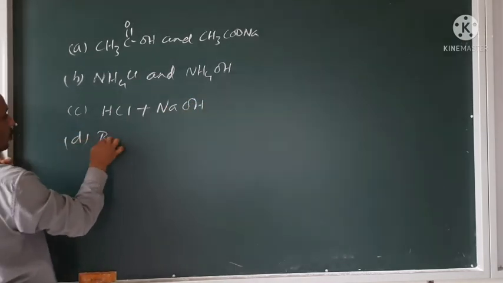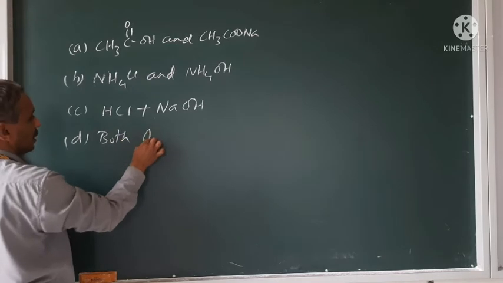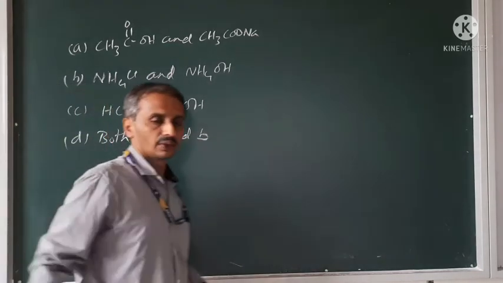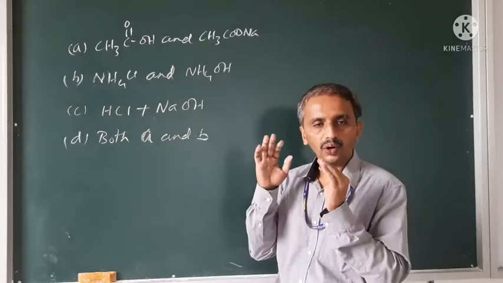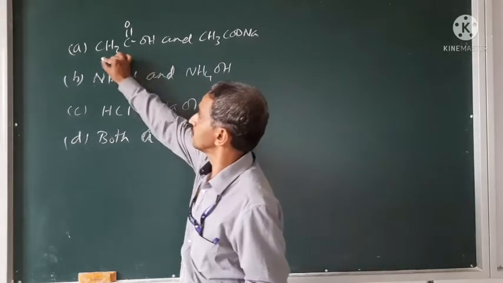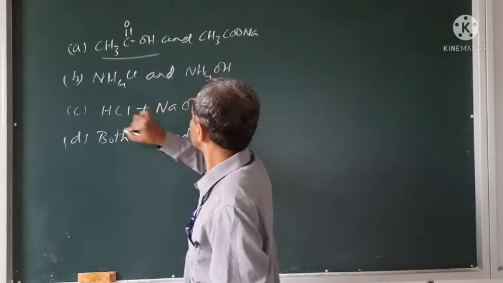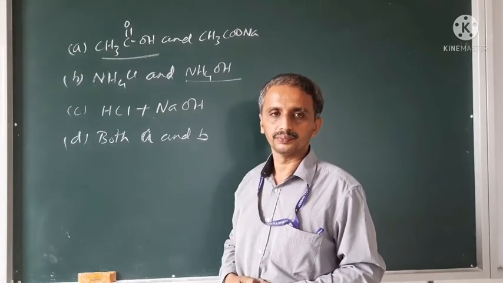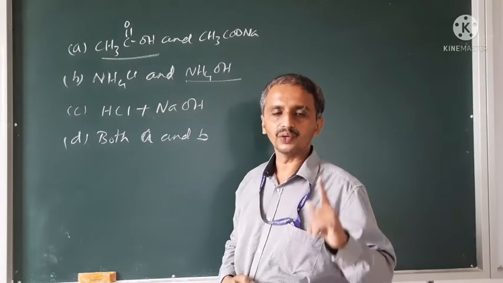D: both A and B. See, for showing the common ion effect, remember one thing: either a weak acid or a weak base is a must. Weak acid or a weak base is a must.